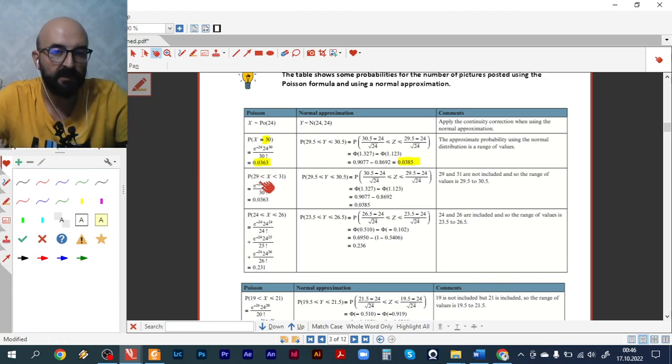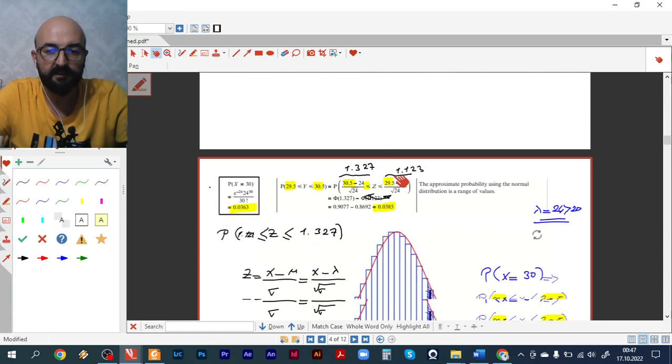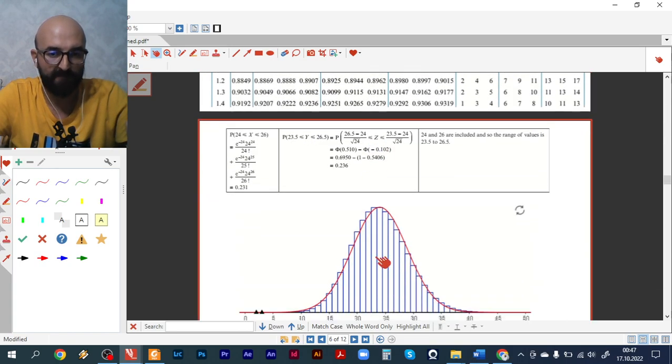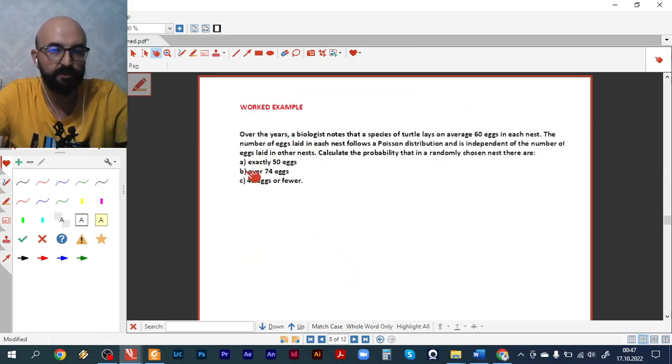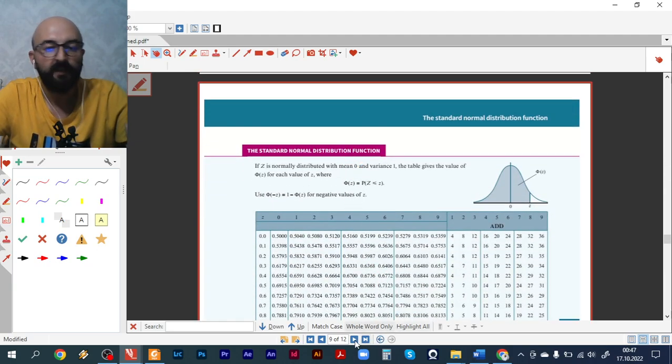For example, the probability of between 29 and 31, and between 24 and 26, and we will review the other sections. In the next lesson we have two examples about using the normal distribution instead of the Poisson distribution.